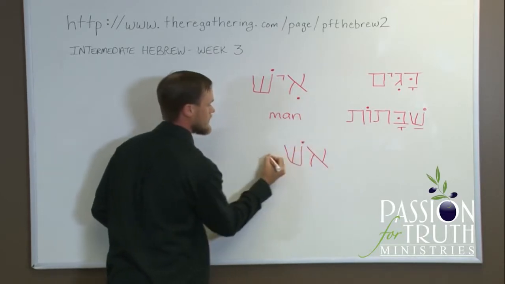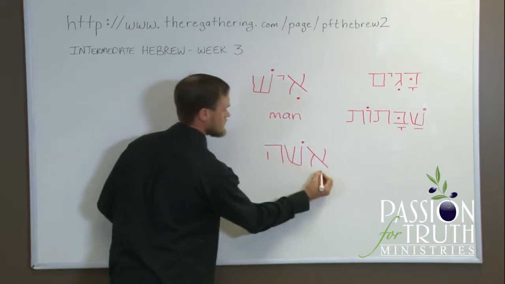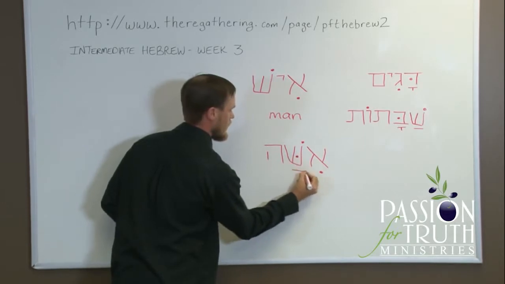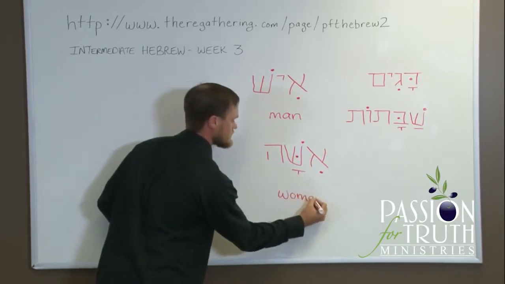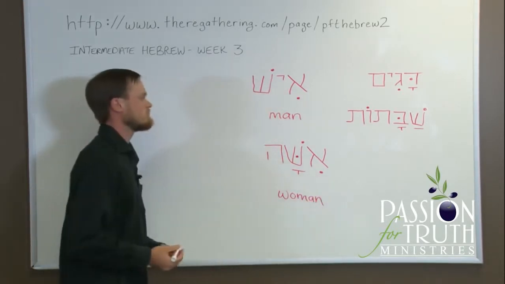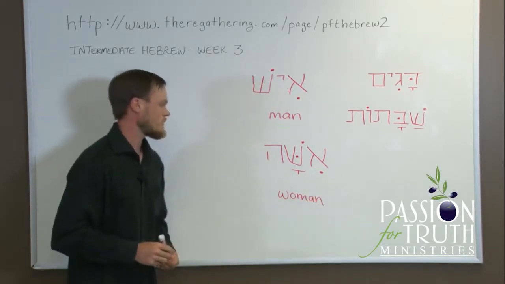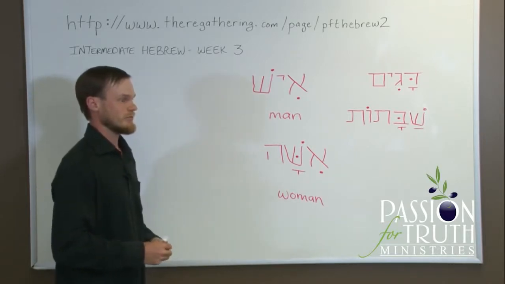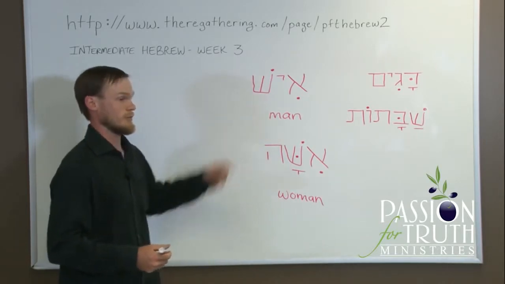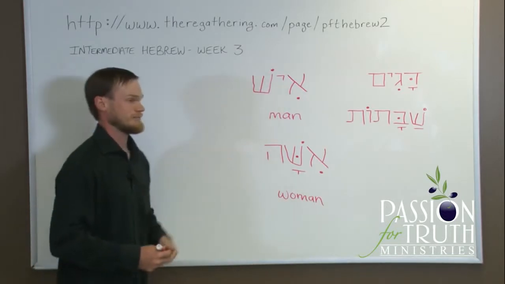Isha is a feminine noun. And Isha is a woman. These terms are used in Genesis 2. It says he called her woman because she was taken from man. Ish and Isha.